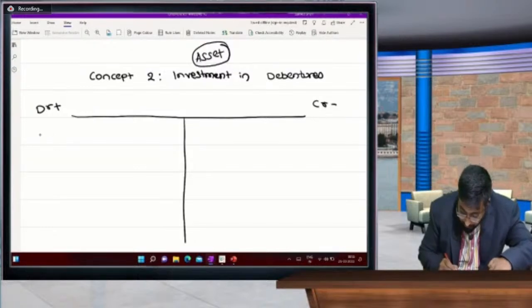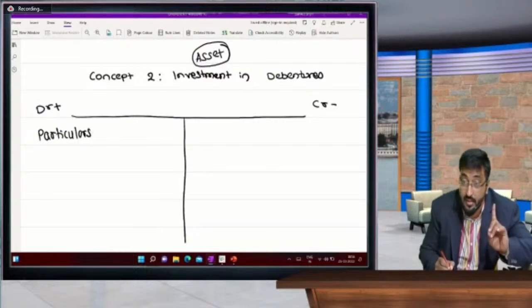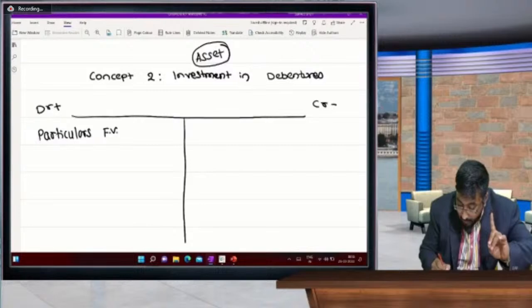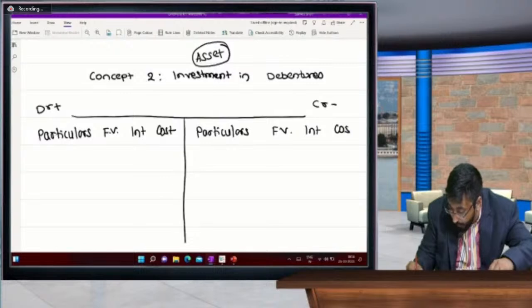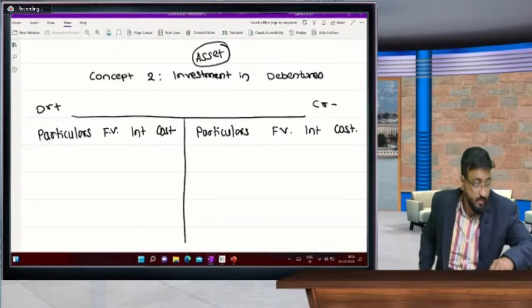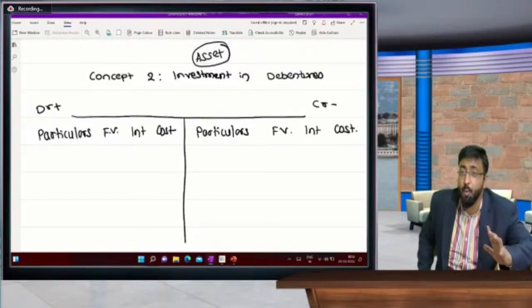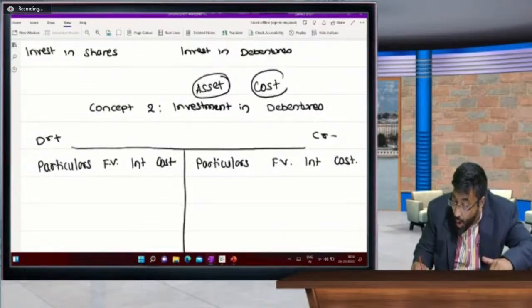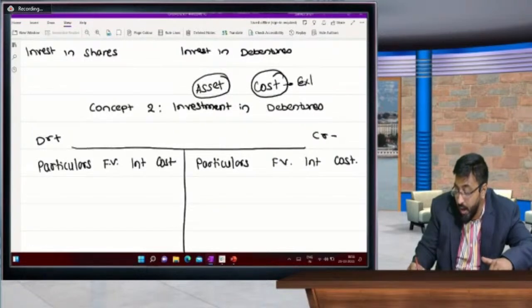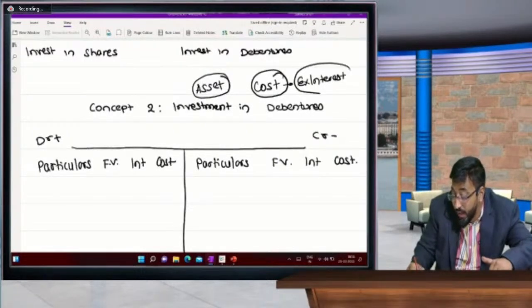Here we are going to open columns similar to yesterday's problem: particulars, face value, interest and cost. Think properly. Investment is always made at cost, and cost, in our example, is excluding interest.